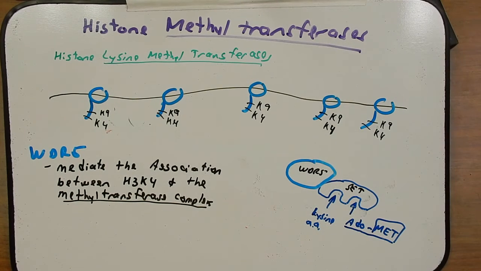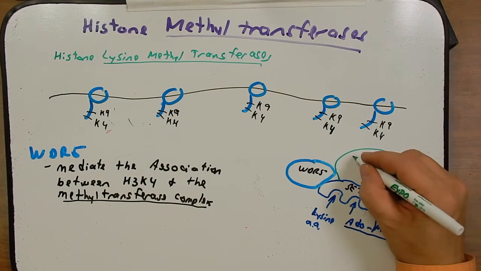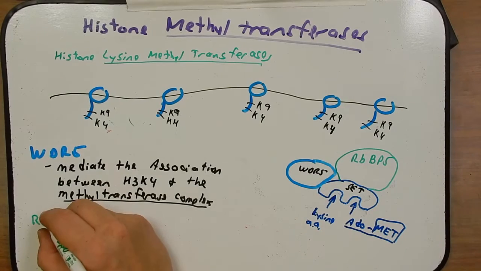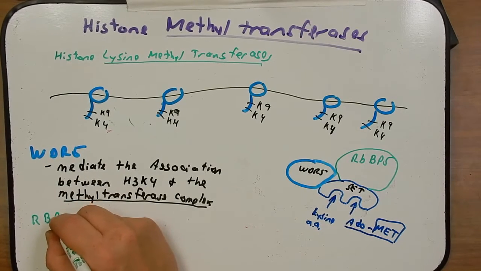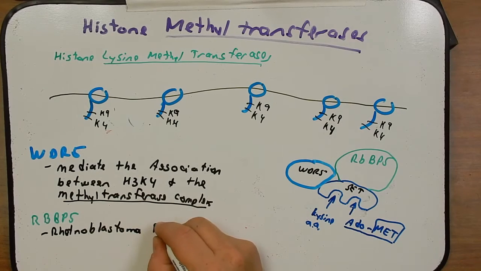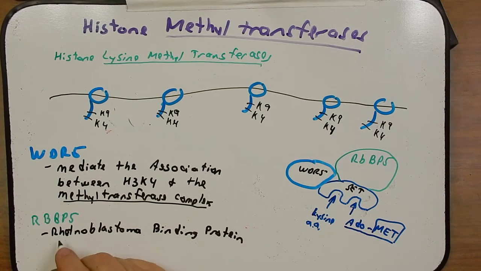The first is a protein complex called RBBP5. This stands for retinoblastoma binding protein. Retinoblastoma is a tumor suppressor gene that this protein associates with in other contexts. Within this complex here, I'm not aware that it actually binds to retinoblastoma. It might, but I don't think it does.